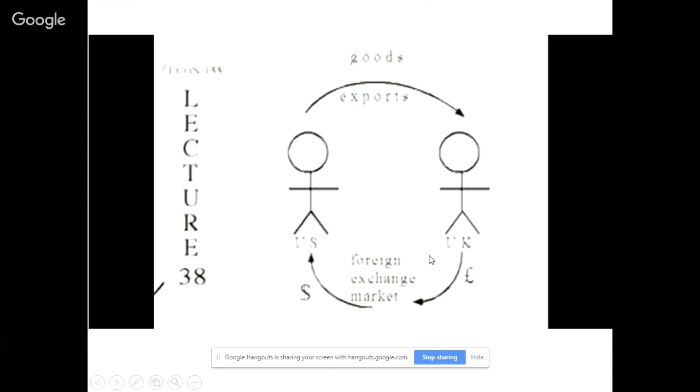So again, we sell goods and services to the UK, the UK goes to the foreign exchange market to exchange pounds for USD, and the USA receives USD for those goods and services. Easy to understand.